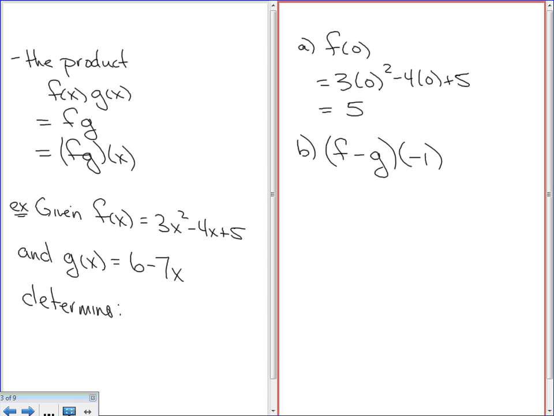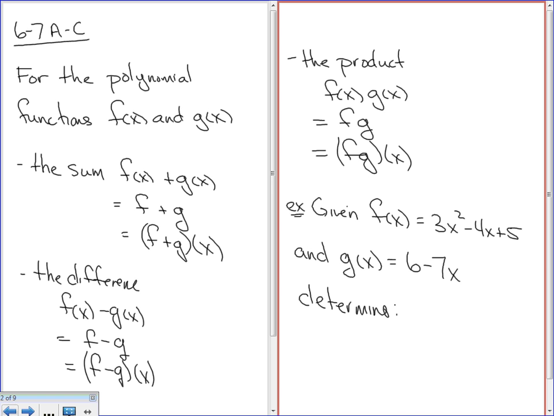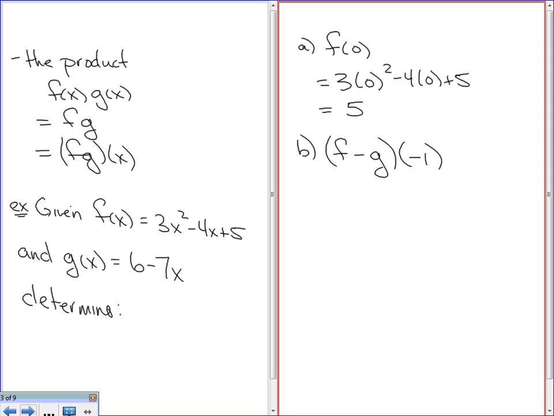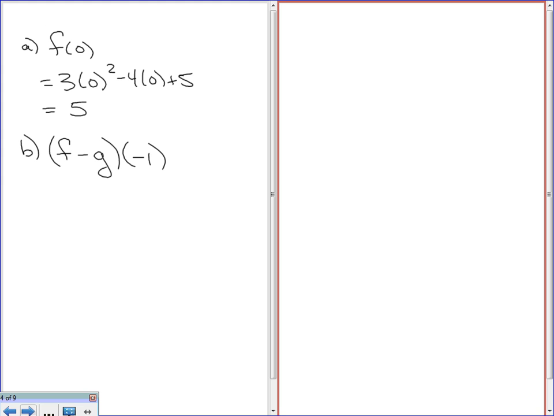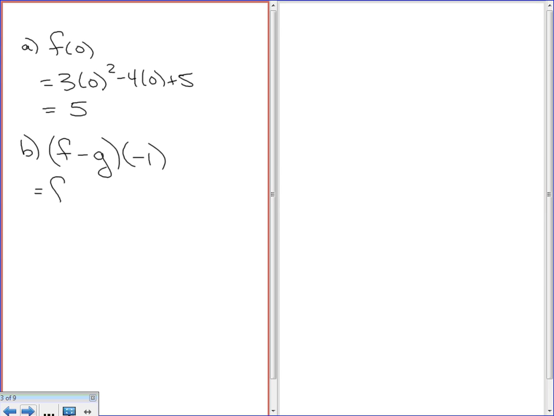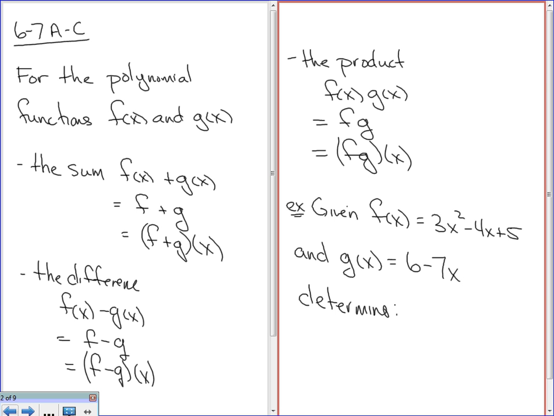And then do what with the answers? Exactly. Okay, so remember this is another way of writing that, which is another way of writing that. So it might be useful for some people till they get used to it, so just to rewrite it as f at -1 subtract g at -1.